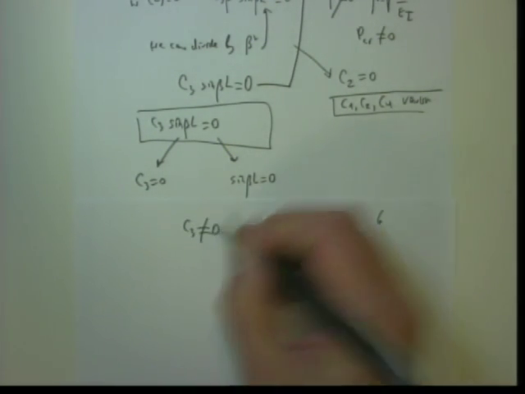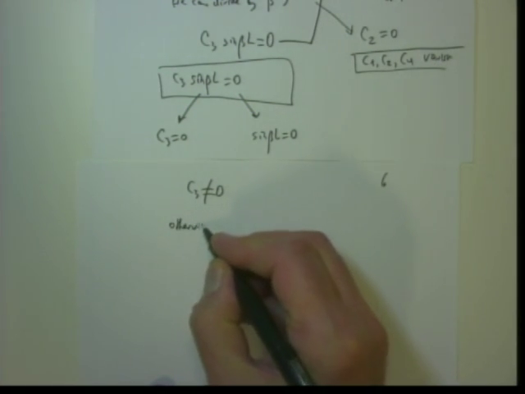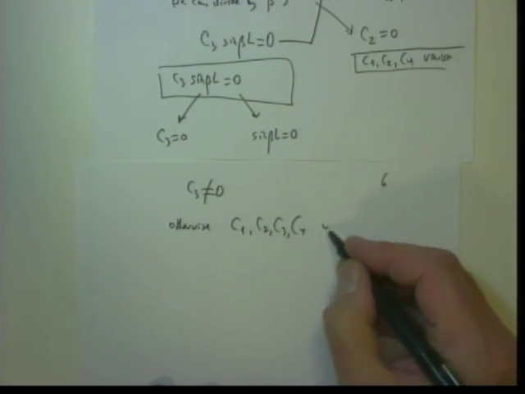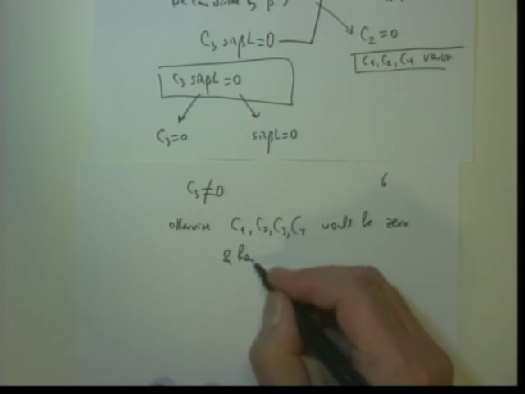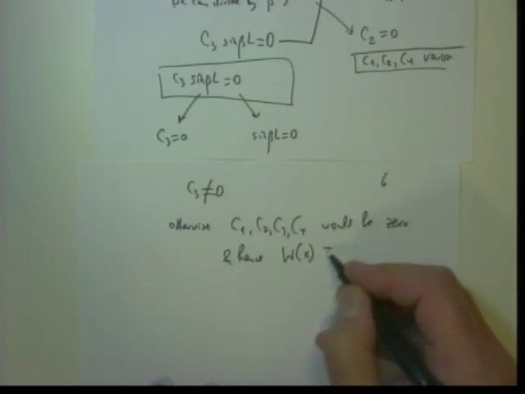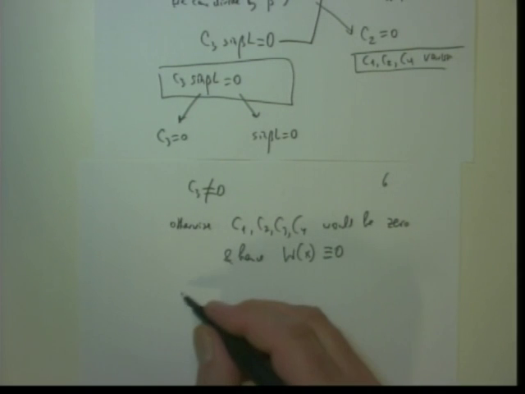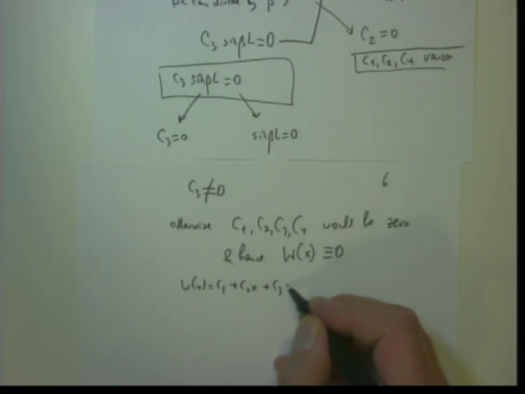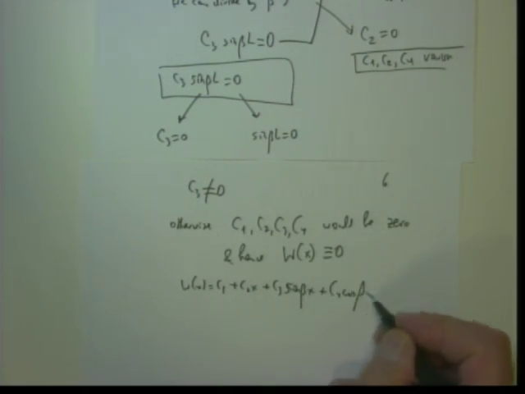Otherwise, C1, C2, C3, C4 would all be 0, and hence W of x would be everywhere 0, because W of x equals C1 plus C2x plus C3 sine beta x plus C4 cosine beta x.